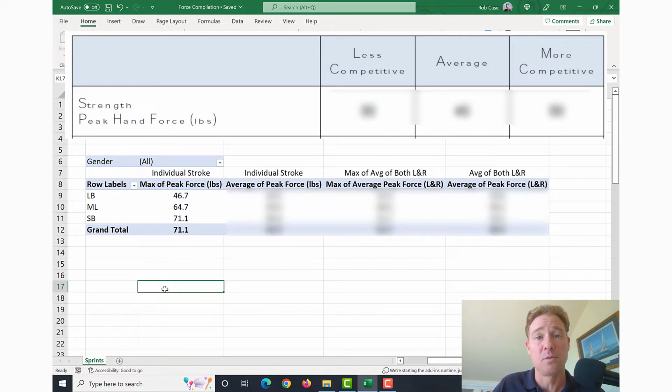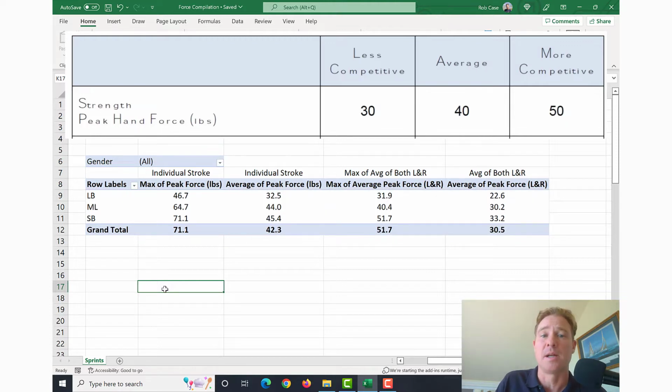And then the more competitive would be like the elite swimmers in the country. And so it's their averages, not their max of everybody, but their averages are 30 for less competitive swimmers. So those are just the lap swimmers, 30 pounds of force. 40 pounds of force for the average run-of-the-mill swimmer on a swim team or somebody that doesn't compete at the highest of levels. And then the stroke force at the more competitive levels is 50 pounds of force.